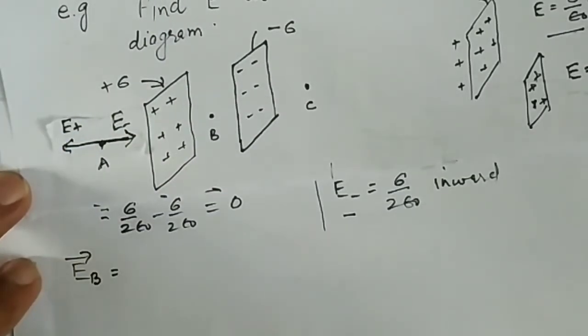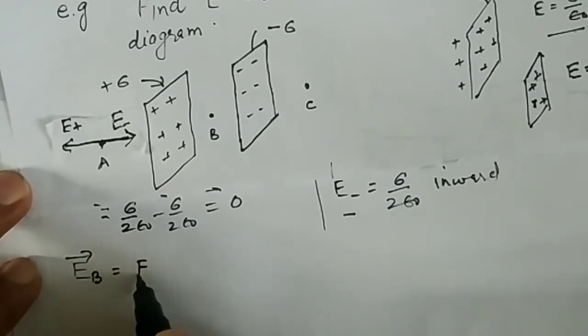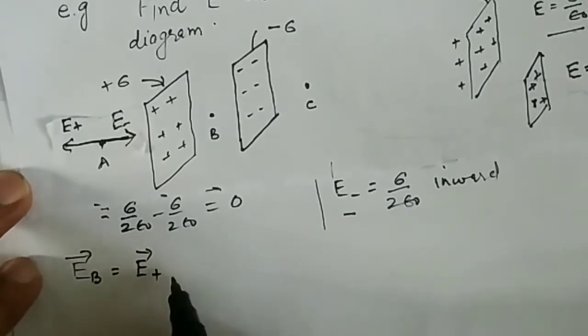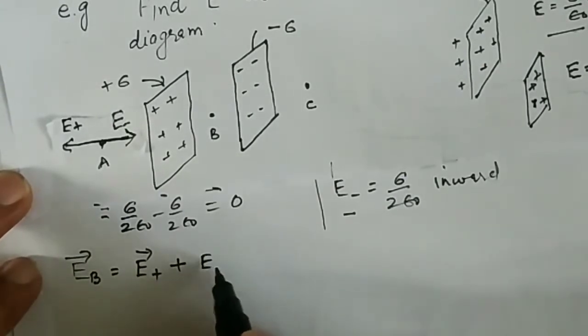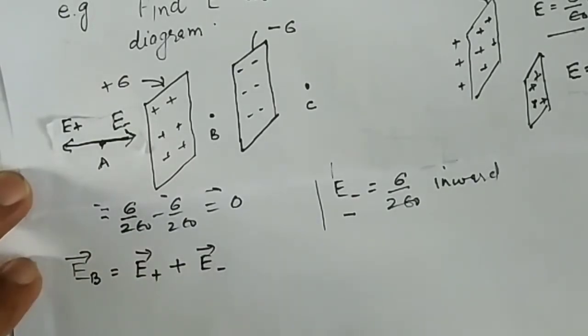Similarly, the electric field at point B is the electric field due to the positive charge sheet at point B plus the electric field due to the negative charge sheet at point B. To know more, first we find the direction.